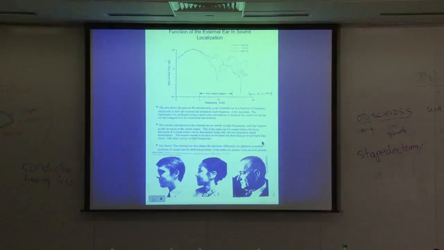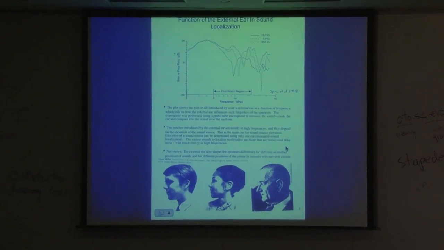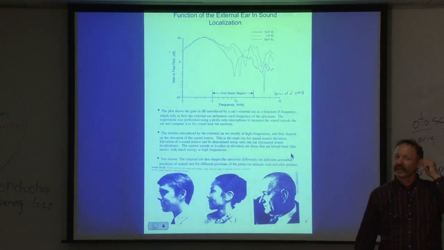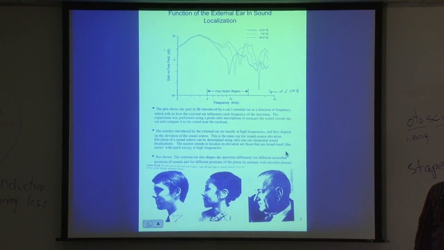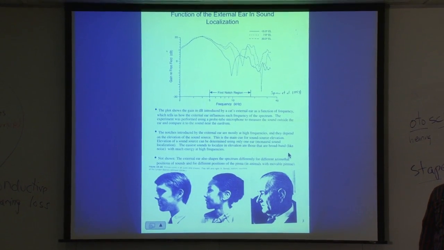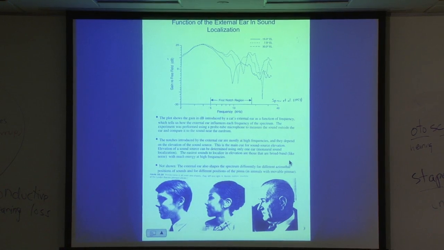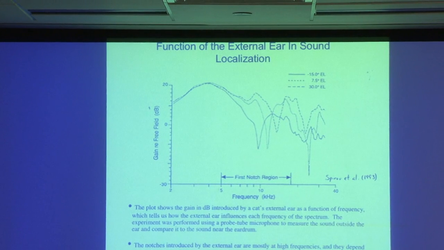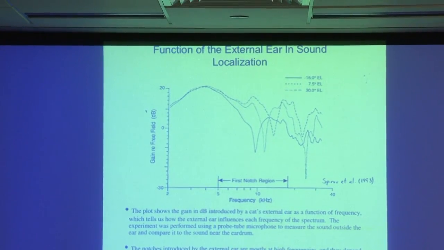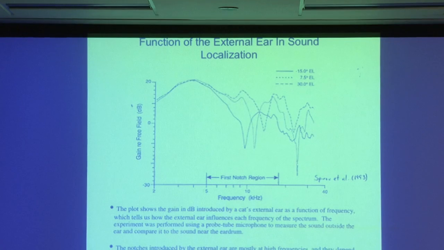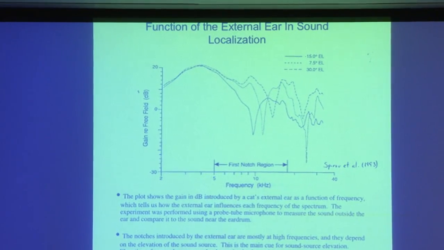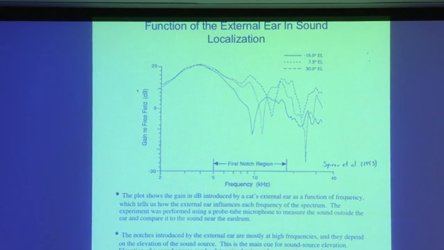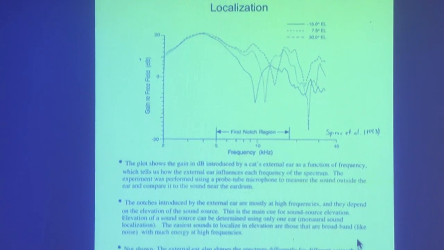What is, or is there, a function of the external ear? Okay, well, a lot of textbooks say the external ear funnels the sound into your ear canal. But there is another function of the external ear that's more along the lines of localizing sounds. Okay, and these are examples of external ears, or pinna, in different people, and everybody has a slightly different one, right?